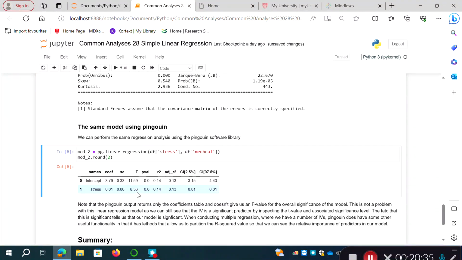Where we only have one independent variable in a simple linear regression model, if we've got a significant model, we know that the one IV has to be significant.